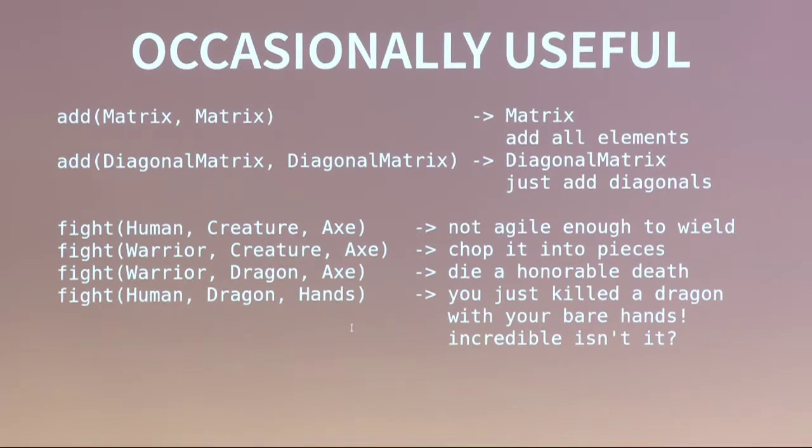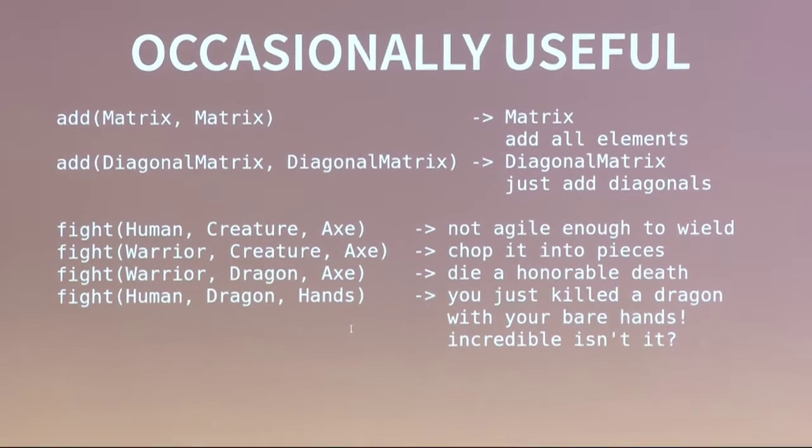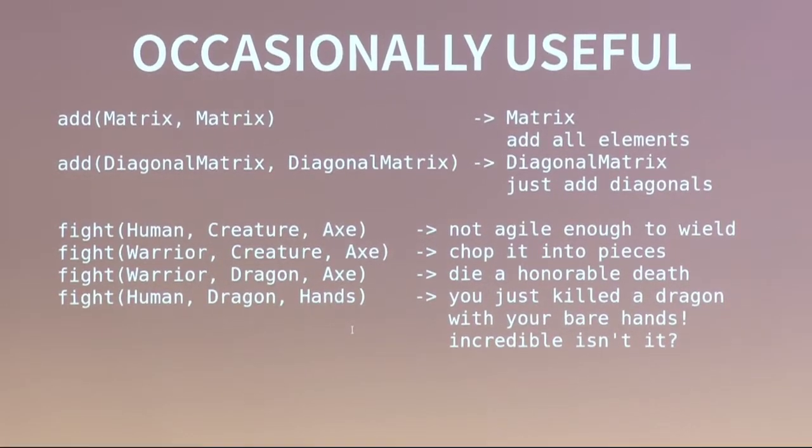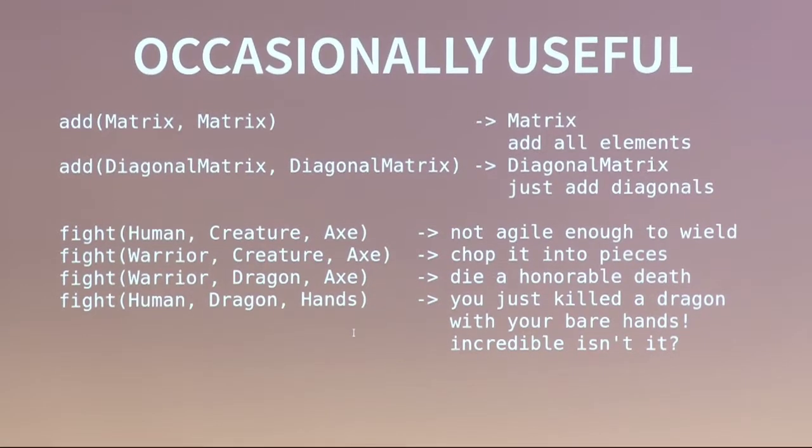But if it's a warrior, yeah, it will be able to slay any creature. Or except if it's a dragon. A warrior with an axe attacking a dragon is just going to die. Well, that's okay. And for those who remember the old game Adventure, it turns out that if a human tries to kill a dragon with his bare hands, it works. It took me like an entire week before finding how to pass the dragon.